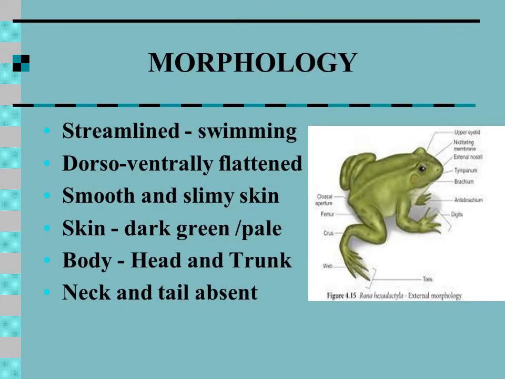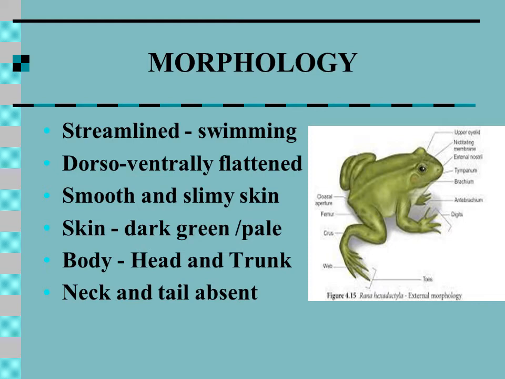Let us go on to the morphological features of this frog, and let us see the outer features first of all. The first character is the shape of the body, which is streamlined, like a boat-shaped body. This boat-shaped body is suitable for swimming.